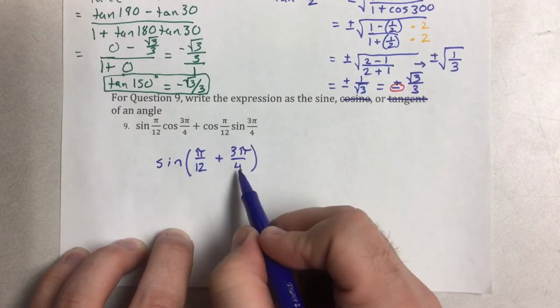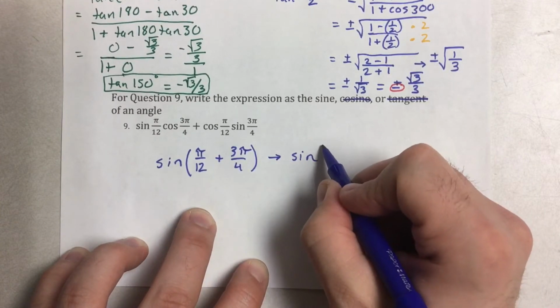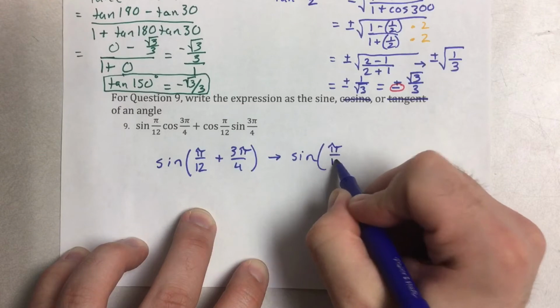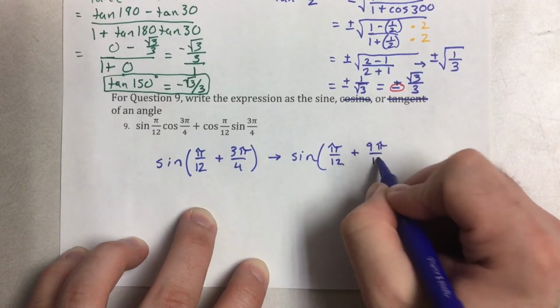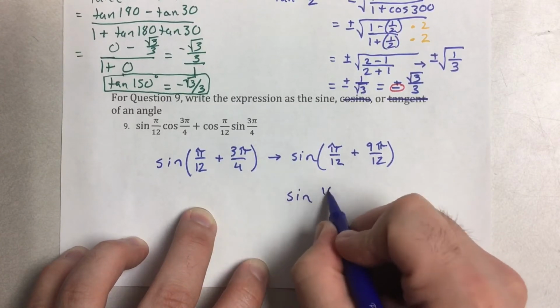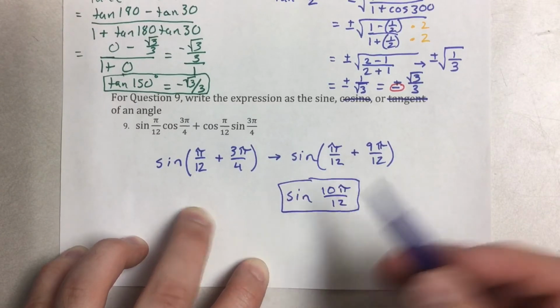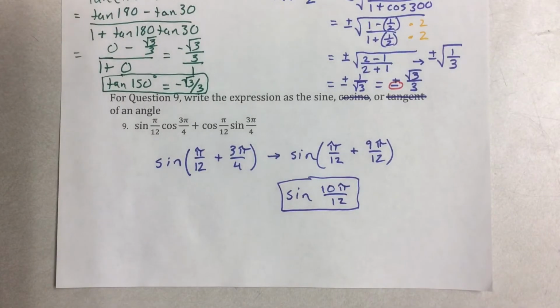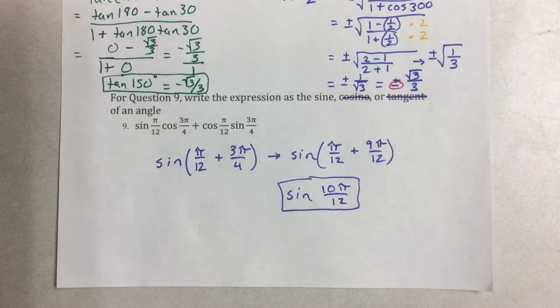Now it's just a matter of simplifying that. So this is sine of 1 pi over 12 plus 9 pi over 12, so sine of 10 pi over 12. Could we simplify that to say 5 pi over 6? Sure, why not? But they just wanted us to write it as a sine expression. Moving on.